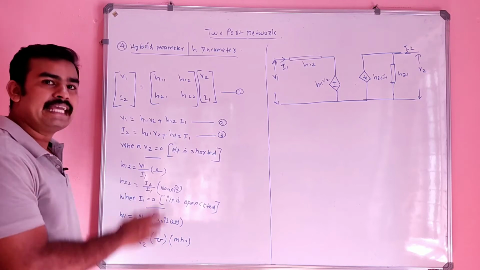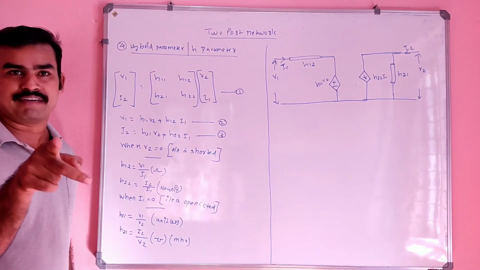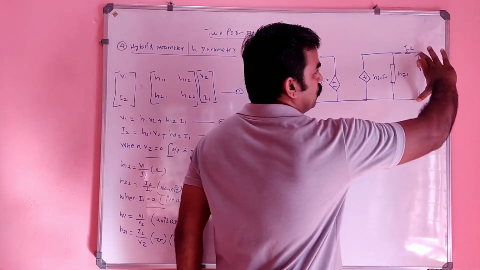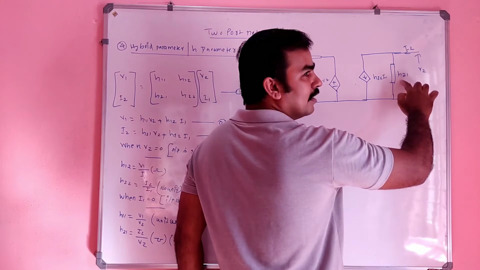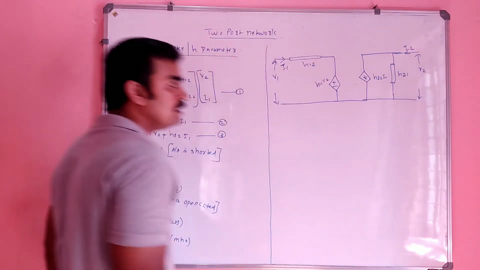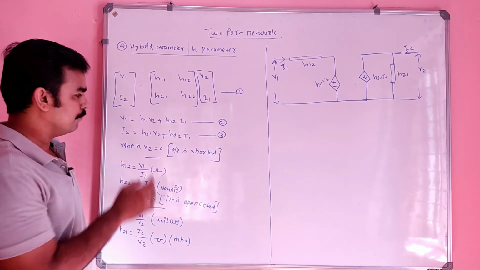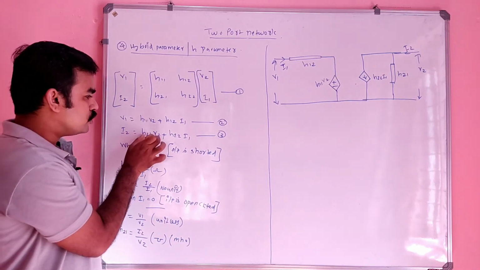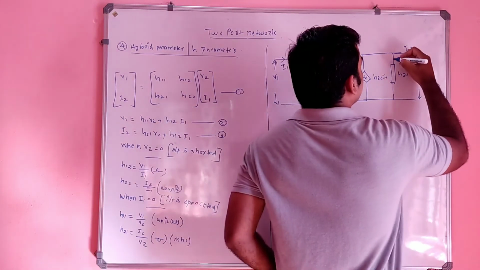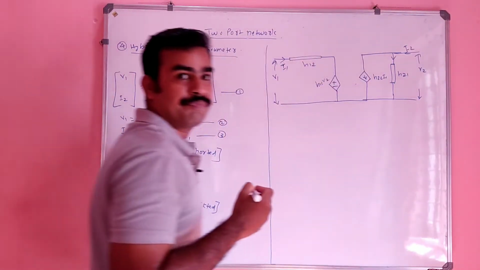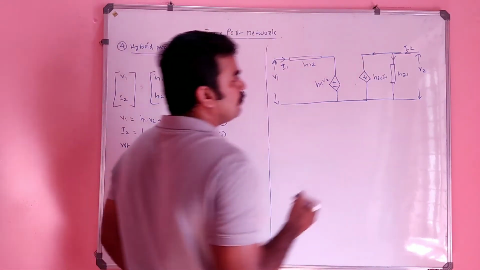So this is V2. If you multiply this V2 with H21, V2 into H21 will give the value of this current, right? Correct? And the remaining current is nothing but what?